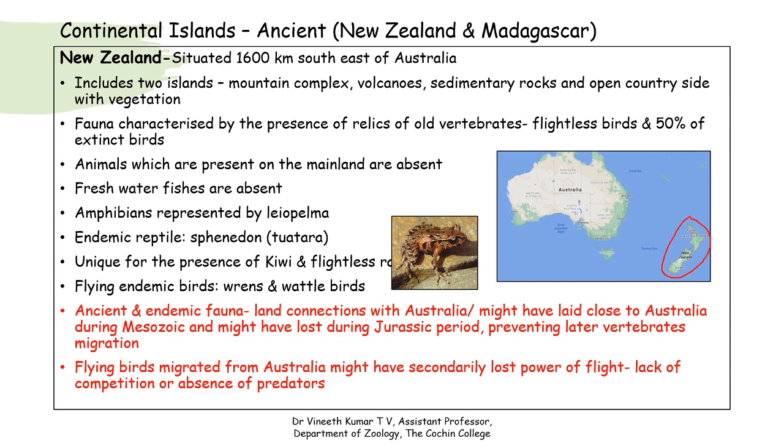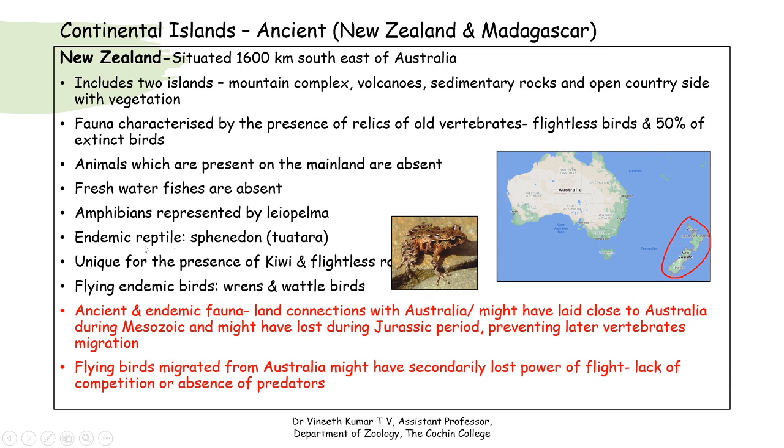The fauna is characterized by the presence of relics of old vertebrates, which include flightless birds, and 50 percent of which are extinct birds. Animals which are present on the mainland are absent, that means animals present in the Australian mainland are absent in New Zealand. The amphibians are represented by this particular one, which is called Leiopelma.